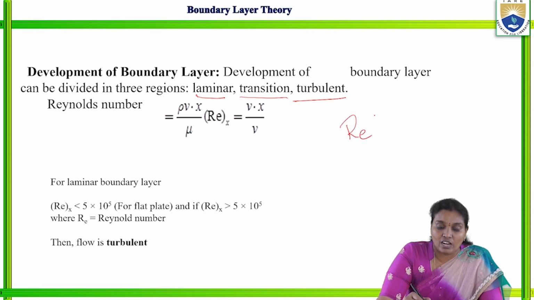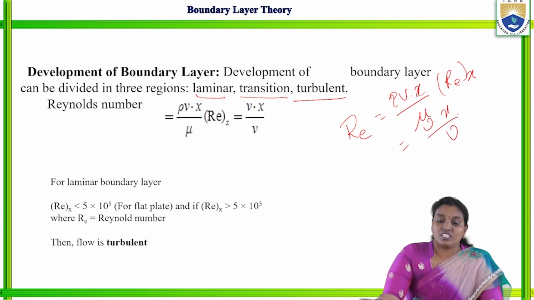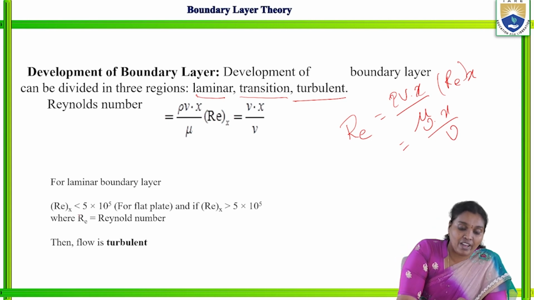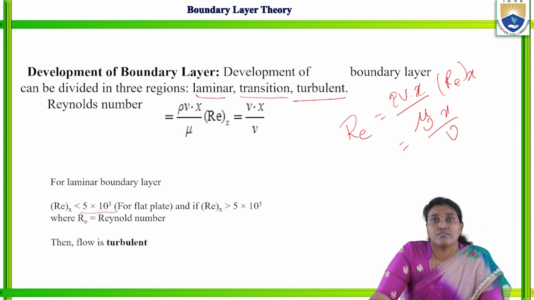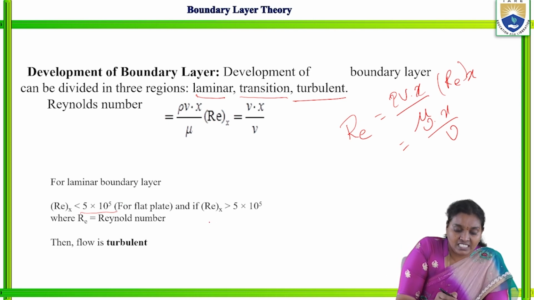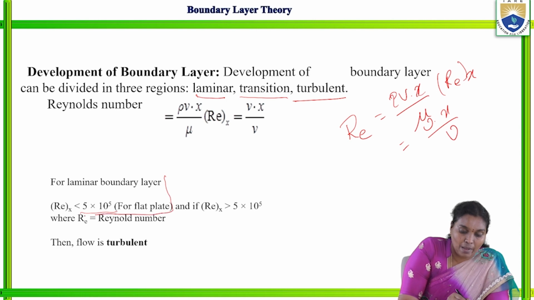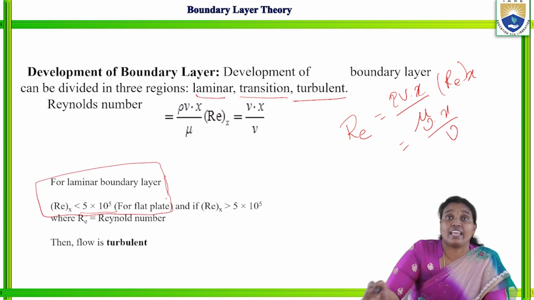Based on the Reynolds number, rho V x by mu, this Reynolds number is less than 5 into 10 to the power of 5 for a flat plate, this is known as laminar boundary layer.